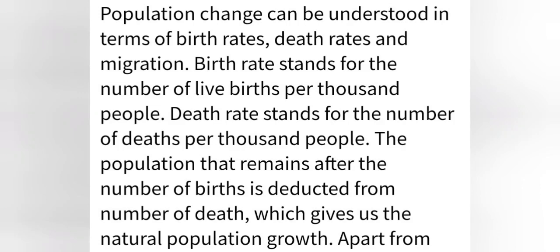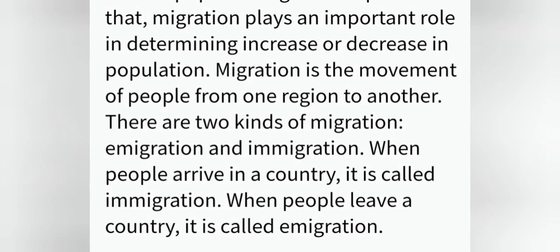Birth rate stands for the number of births per thousand people. Death rate stands for the number of deaths per thousand people. The population that remains after the number of deaths is deducted from the number of births gives us the natural population growth. Apart from that, migration plays an important role in determining increase or decrease in population.